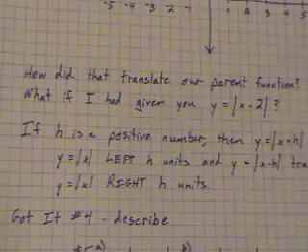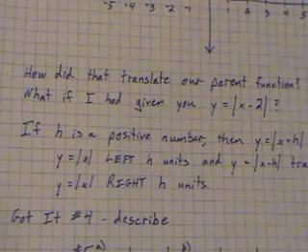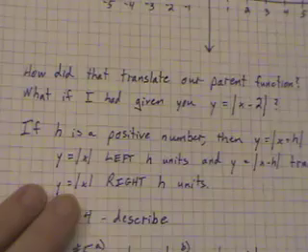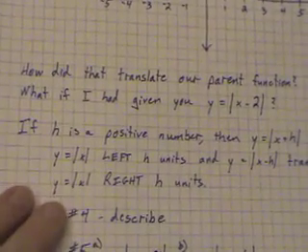We are up to Got It number 4 on page 344, and they want to know the graph of y equals the absolute value of x minus 5. Which direction is that going to move our graph?